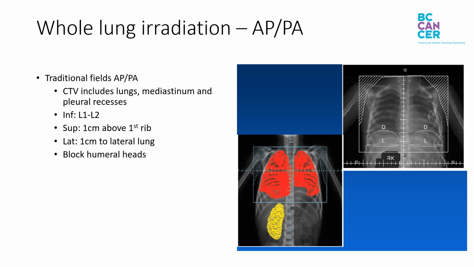While this would be associated with minimal risk of geographical miss, in order to cover the pleural recess, the inferior edge irradiates an unnecessary amount of abdomen, liver, and bowel. And of course, with this technique, you're not able to shield any of the heart structures.